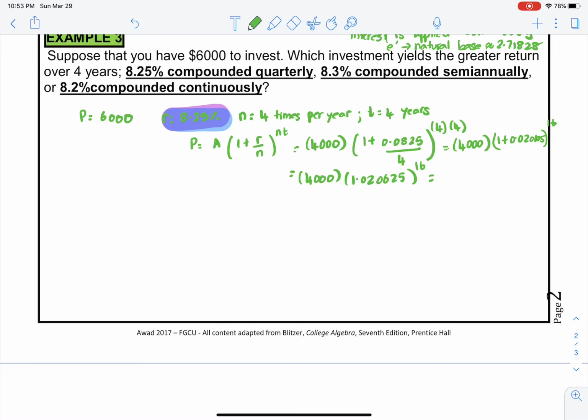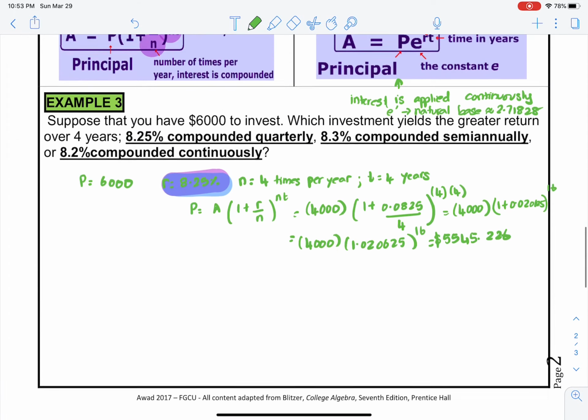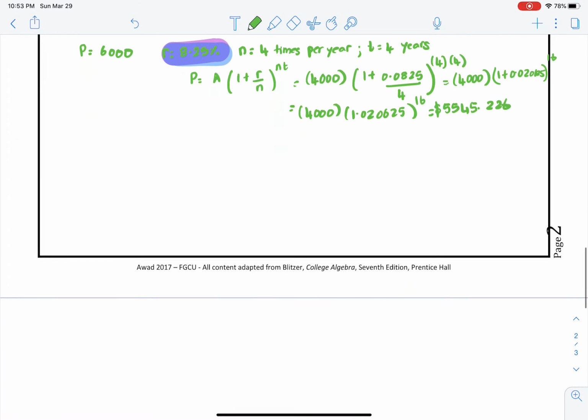So you can use a calculator to evaluate this. And the amount is 5,545.226.